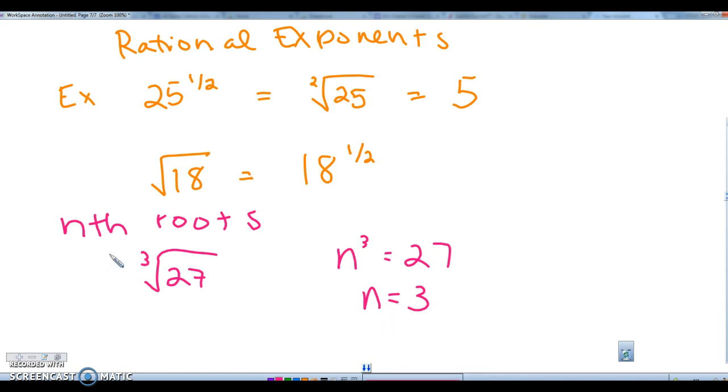So we'll try it. I'll let you try it with this example. The 5th root of 32. What do I multiply together 5 times to get 32? If we're working it out, we should get that n equals 2.